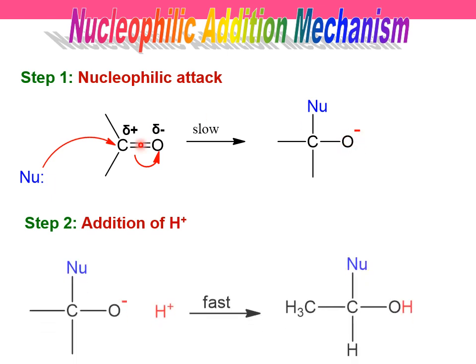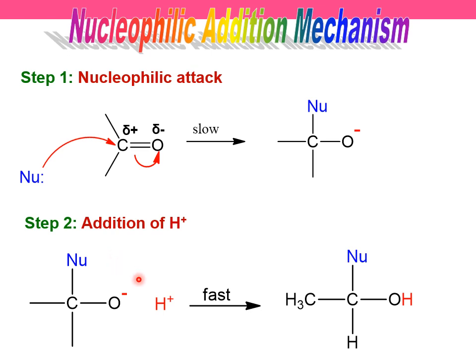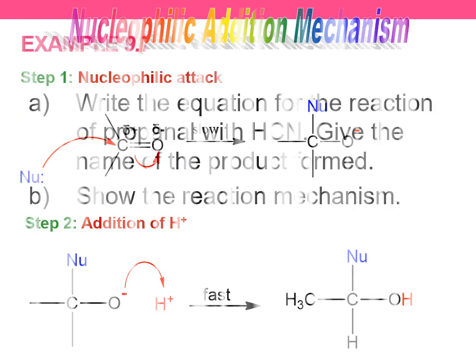The second step is a fast one, whereby proton H plus is going to be attacked by the oxygen which has the negative charge. And then the final product, an alcohol, is going to be produced.